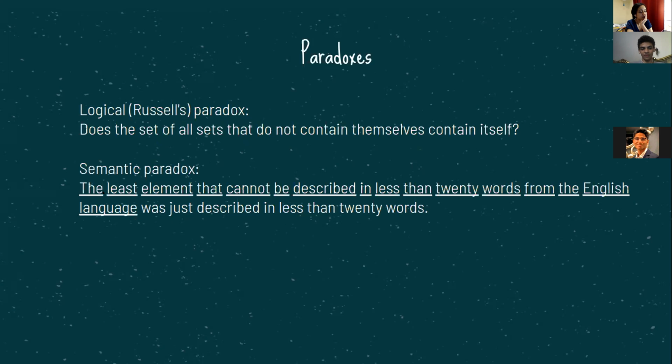If you count the number of words, here we described this number in less than 20 words, although it should be the least element that is described in more than 20 words. This description itself is less than 20 words.